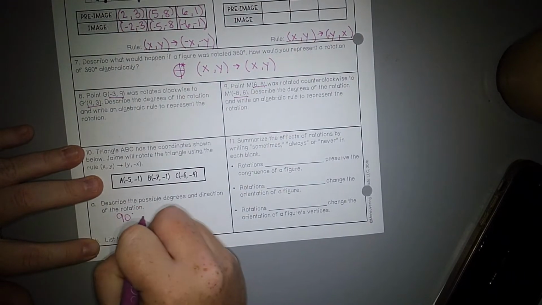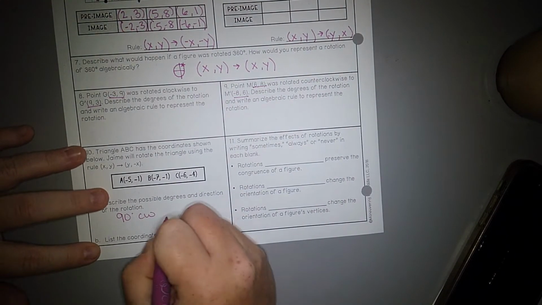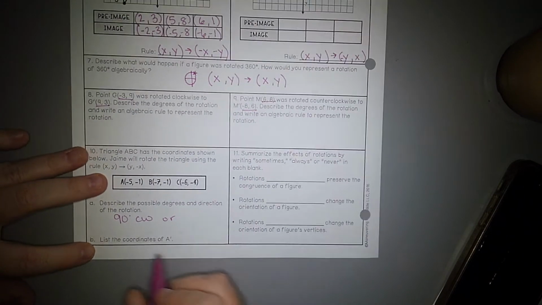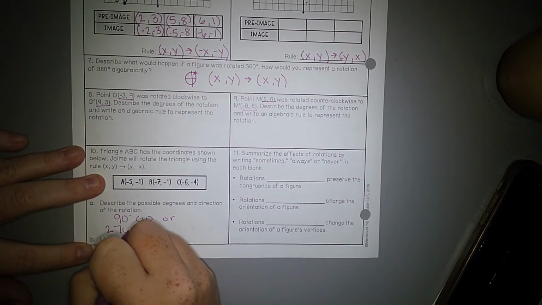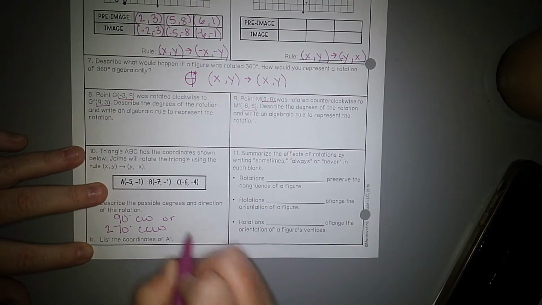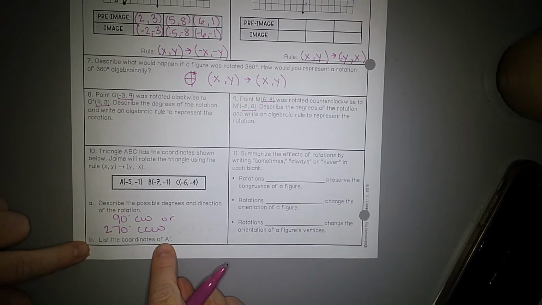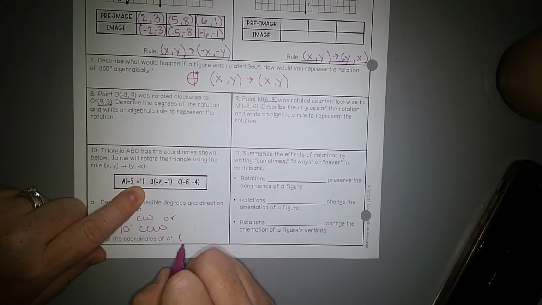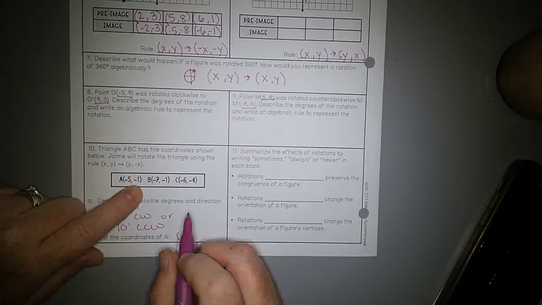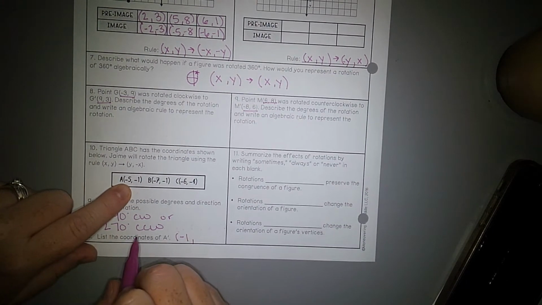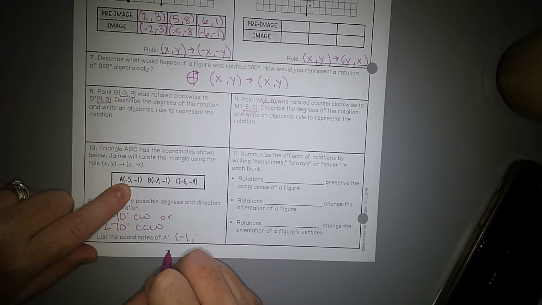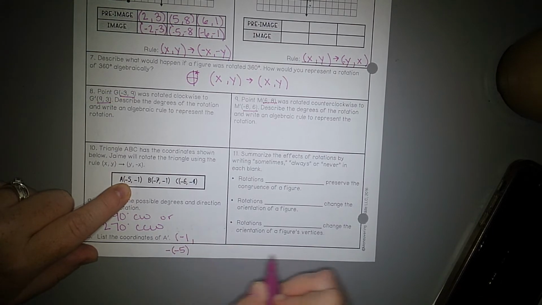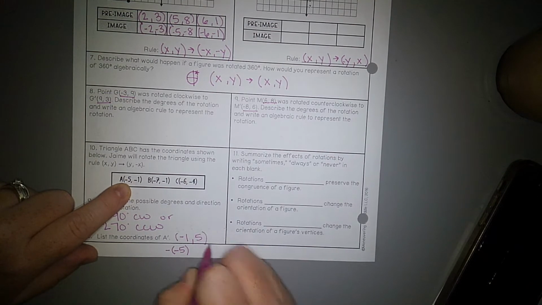So 90 degrees clockwise, or the opposite of that would be 270 degrees counterclockwise. A prime would then become our y value, so negative 1, and a negative x. Well, we would have negative 5, which becomes a positive 5.